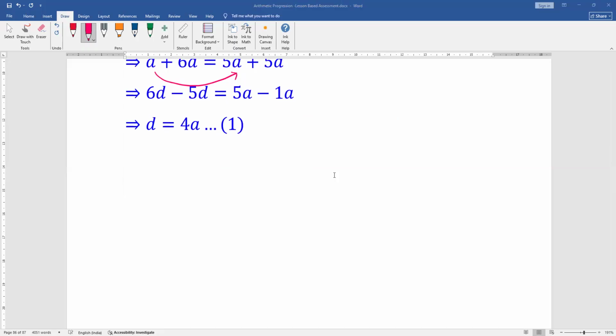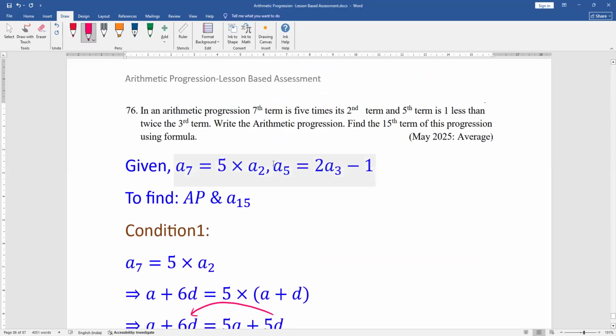Then in my next step, I will consider condition 2. So what is the condition 2 given? They told that A5 is 2A3 minus 1.